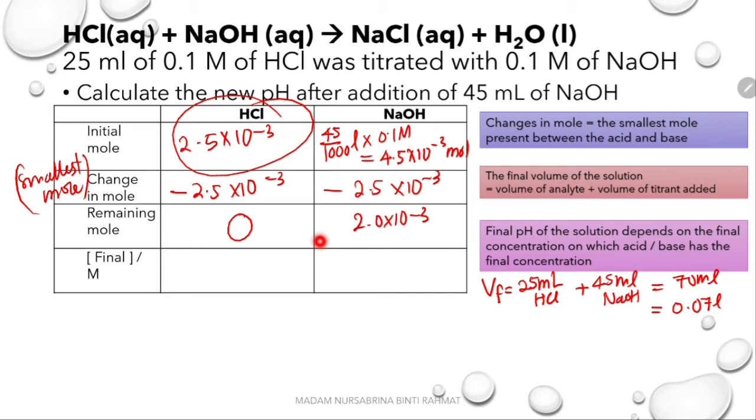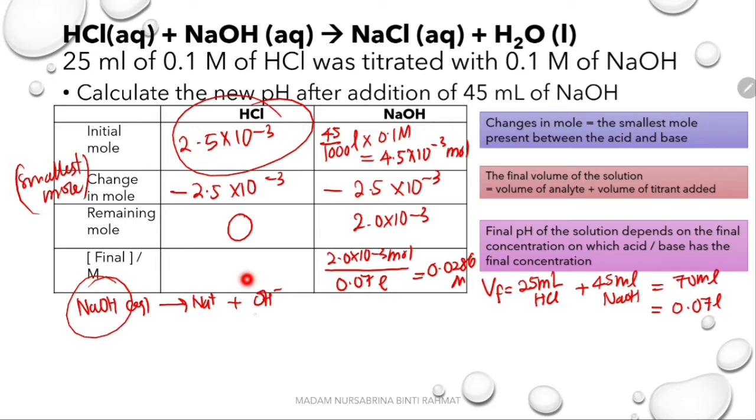So the new concentration of my NaOH is 2.0 times 10 to the power of negative 3 mole divided by 0.07 liter, which equals 0.0286 molar. Our final species is NaOH, our strong base, which completely dissociates to form Na+ and OH-. So the concentration of NaOH present is equivalent to the concentration of my OH-, which is 0.0286 molar as well.